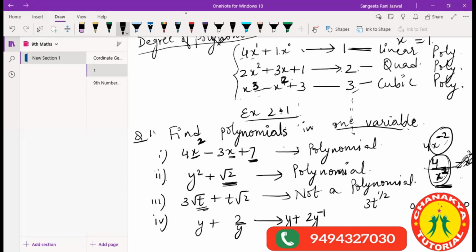It can be any whole number, 0 also. Like here, the power is 0, that is why it is a constant. So it can be 0 but not -1, because if it is -1 then it will come in the denominator. That's why I was telling you, as we do more questions we'll get to understand.